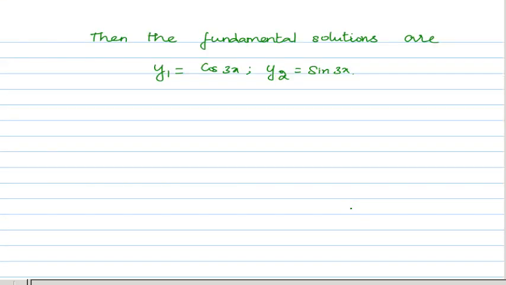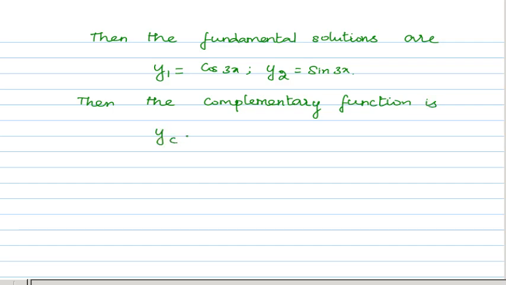Then the complementary function is yc equals a times cos 3x plus b times sin 3x.